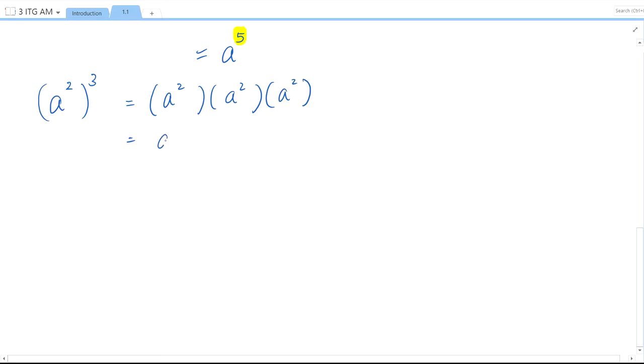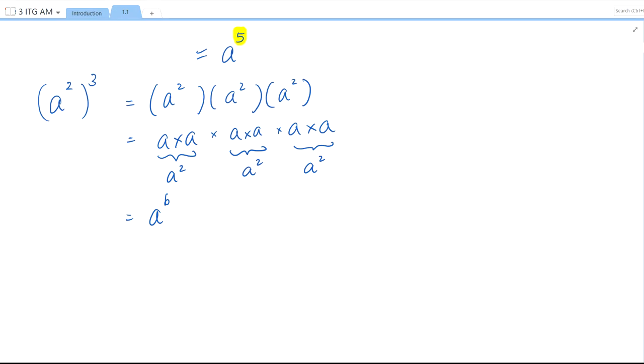We can expand. Inside here we have a times a times a times a times a times a, because each of these will be our a square, and a square, and a square. So we see that there are a total of 6 of them. Is there a relationship between this 6 and whatever power we've seen in the original question? How did we get 6?